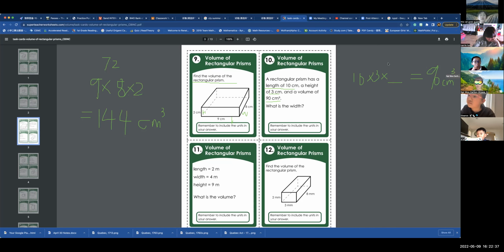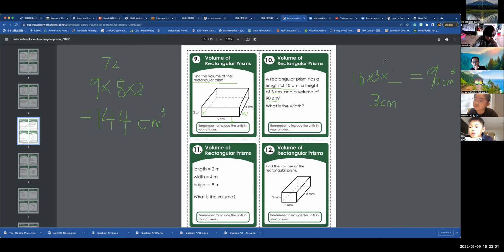So through a little simple math, we divide by 10, we divide by 3, and then we'll get 3. So the answer is 3. Oops. The answer is 3 cm. Okay. Understand, everybody? Yes.